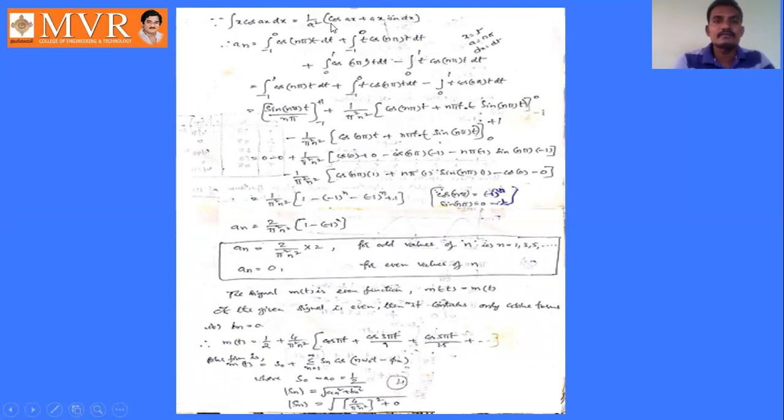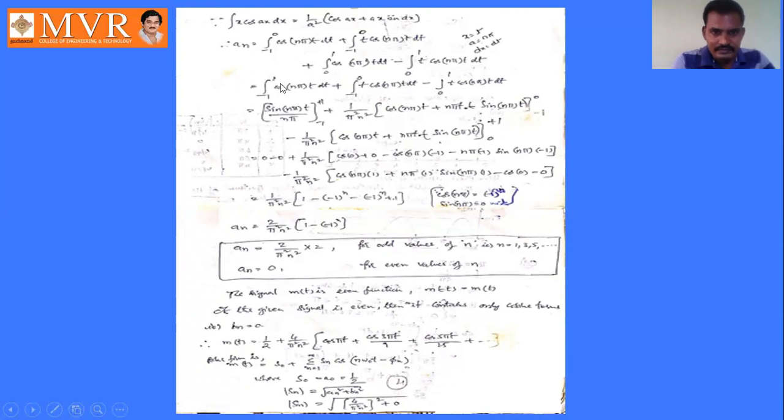This is in the form of x cos ax, 1 by a square into cos ax plus ax sin ax. In the first expression, x value is 1 and a value is n pi. In the second expression, x value is t and a value is n pi. Like this we can substitute these values.